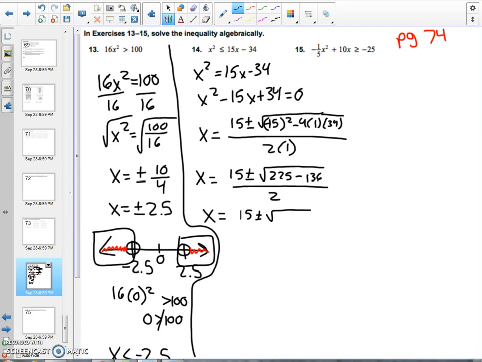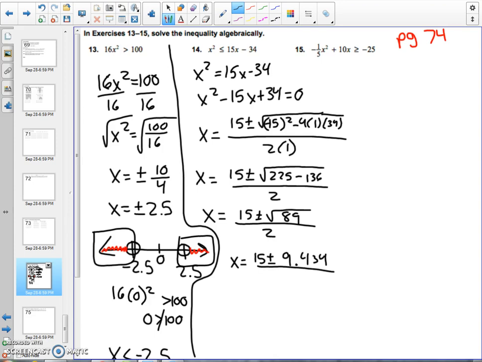Under the radical, 225 minus 136 is 89. So the square root of 89, then I'm going to go ahead and get a decimal for this.